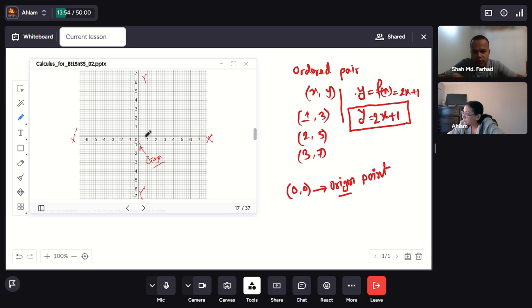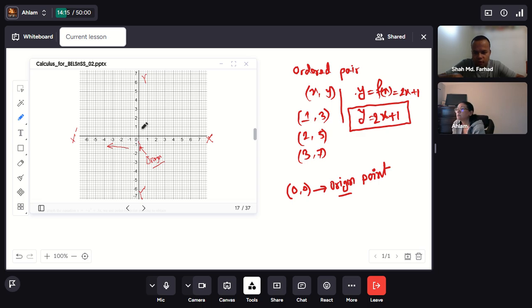From the origin point, if we move along the x-axis to the right, then the values are positive. And from the origin point, if we move to the left along the x-axis, then the values of x are negative.